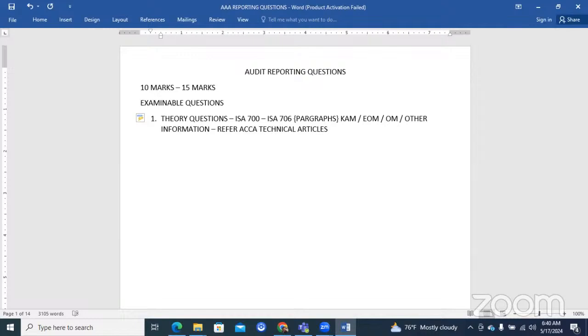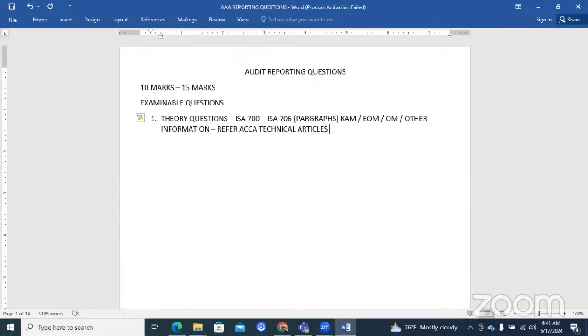On ACCA's website, there are technical articles published related to these paragraphs. There are articles related to the key audit matter paragraph, the emphasis of matter paragraph, the other matter paragraph and other information. So please refer to the technical articles related to these paragraphs.